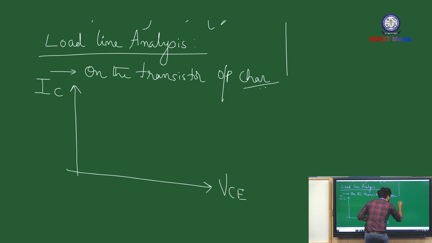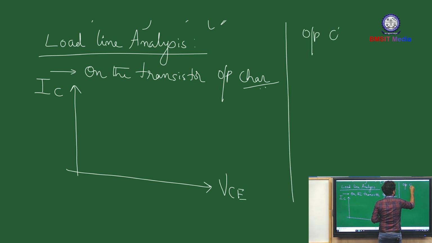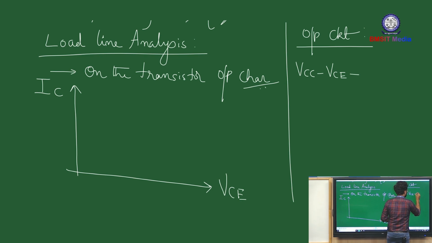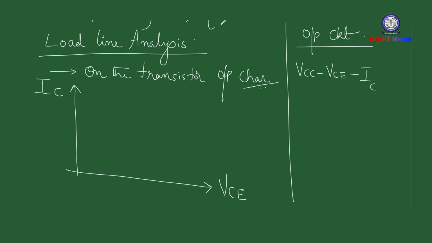So let us revisit the output circuit, as in rewrite the transistor output equation. What did you get as the transistor output equation? VCC minus VCE minus IC into (RC plus RE).